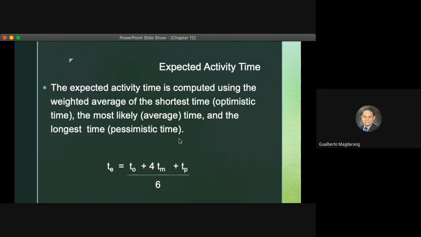The pessimistic time is the longest time. You don't want to finish early. You wanted to have some rest, kaya the longest time yun. And then the average time. Okay. So the formula for the expected time is to add optimistic time plus 4 times most likely time plus pessimistic time over 6. So this is the formula to compute for the expected time.